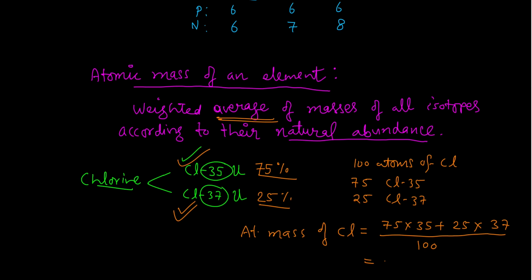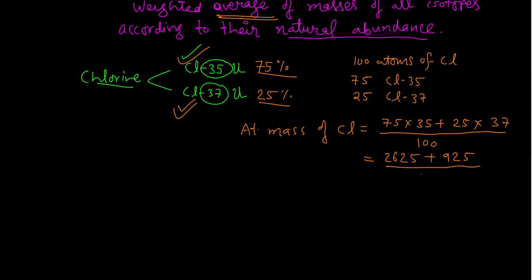Let's calculate. 75 into 35 is 2625, plus 25 into 37, which is 925, divided by 100. The sum of these two, 925 plus 2625, comes to 3550, divided by 100, and you get 35.5 U.